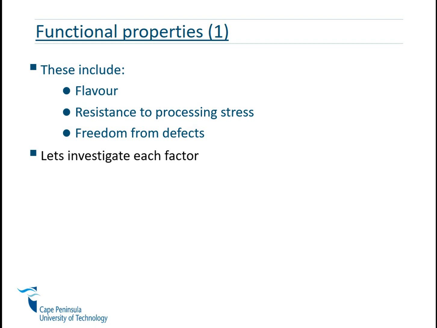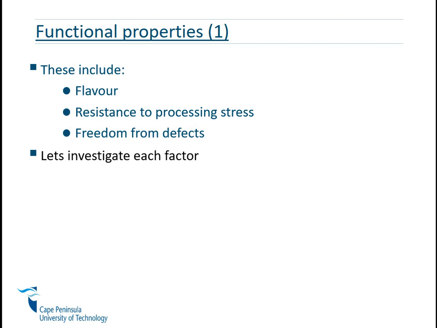And obviously the functional properties required of a material will vary depending upon the process to which it will be subjected. I will repeat this: the functional properties required of a material will vary depending on the processes to which the material is subjected. Right.